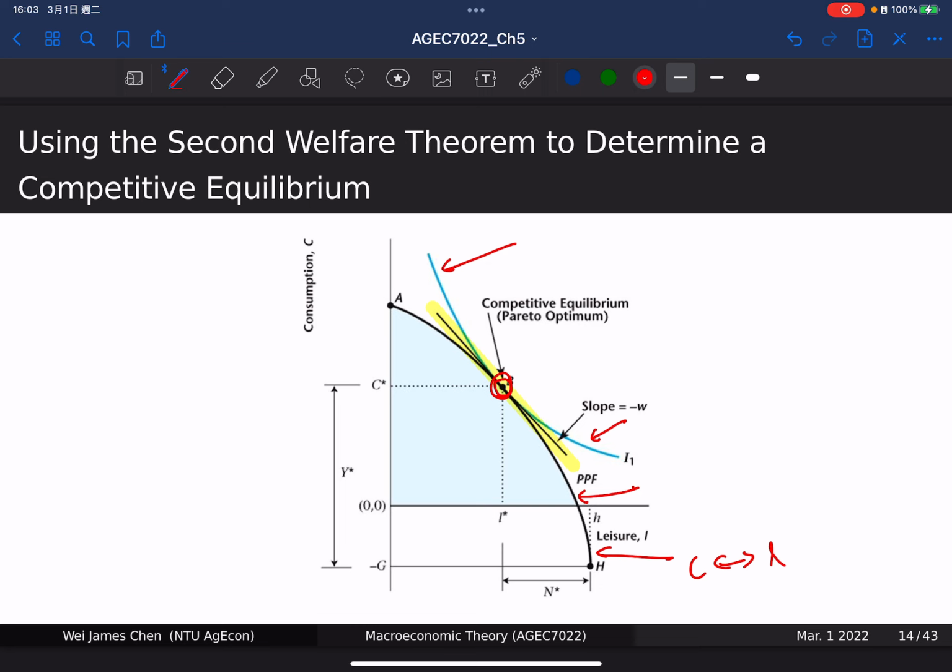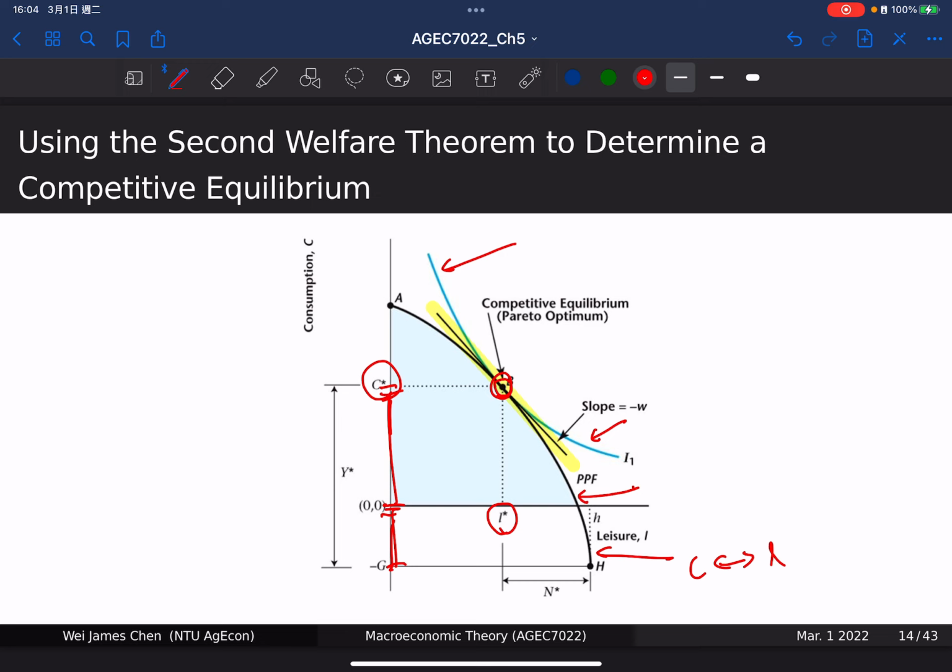The slope is the competitive equilibrium price you ask for. And you will find the leisure and the consumption here. This is the G here, and C plus G is Y.